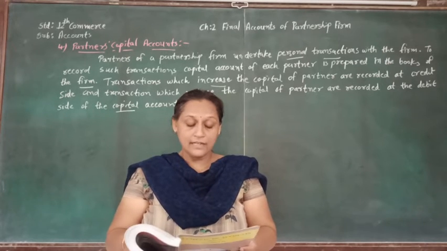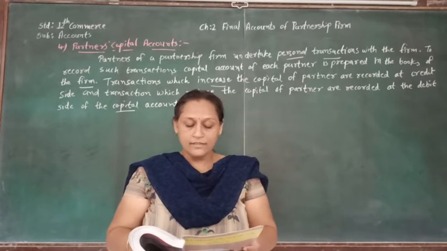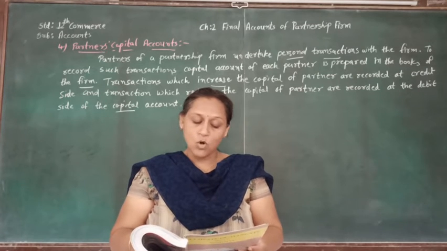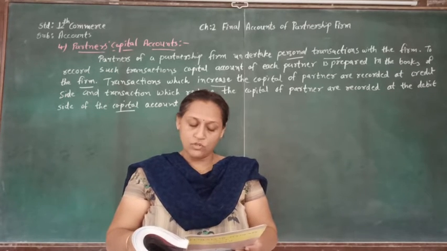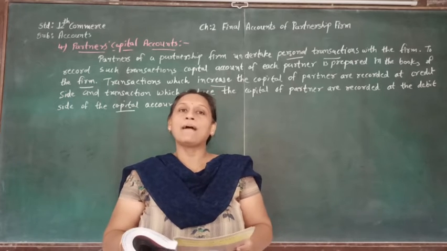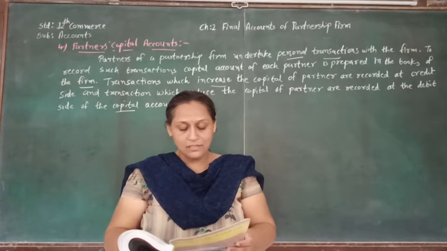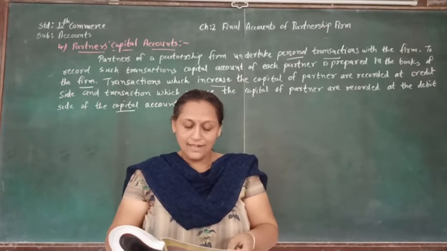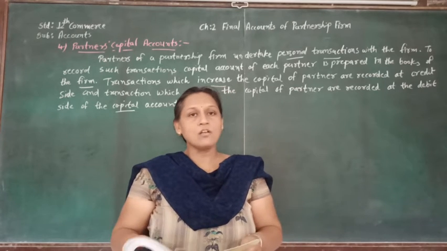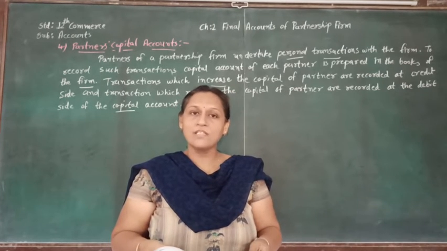Then next is interest on capital, then salary, then bonus, commission and remuneration. Whatever is given to the partner from the partnership firm is supposed to be credited. Then lastly, profit and loss appropriation account, that is divisible profit.